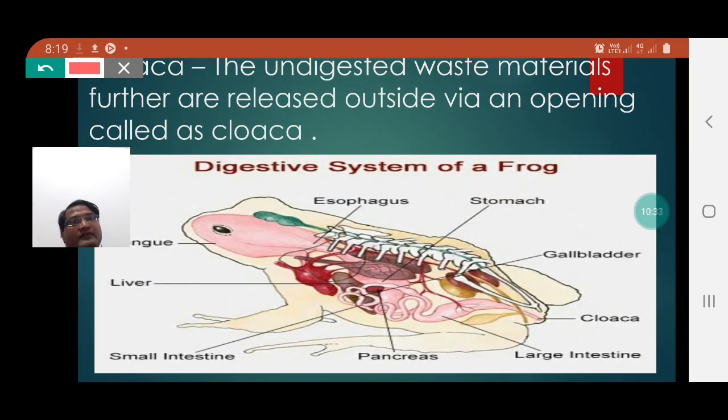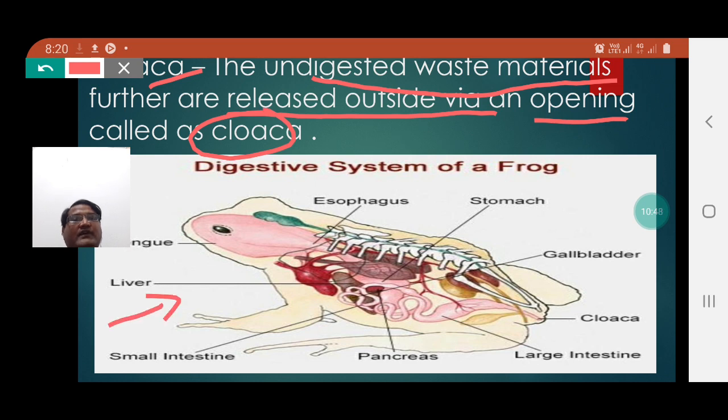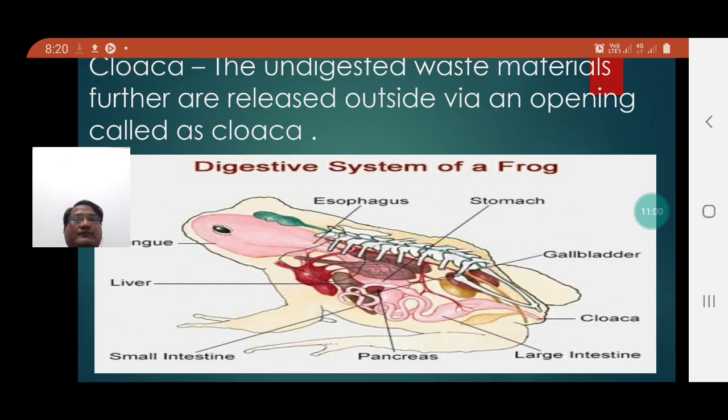Instead of anus, they have cloaca. So the undigested waste materials get released outside the body of the frog via an opening called cloaca. In this diagram you can clearly notice the cloaca, which is the opening by which the waste material gets released out.